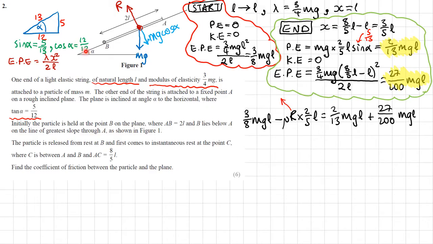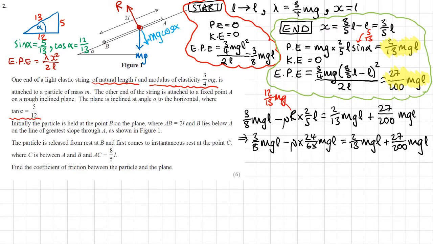So let's just put that here, 12/13 mg. Now multiplying the 2/5 by 12/13, we get 24/65. You'll notice every term has got mgL, so that's going to cancel out like this.